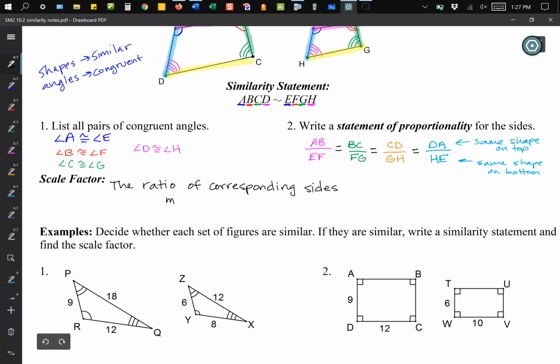So all it is, is matching side over matching side. And we're not going to worry about which shape you put on top, so don't panic. But each one of these is a scale factor once you reduce it.